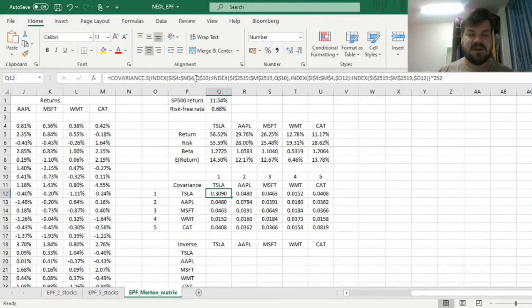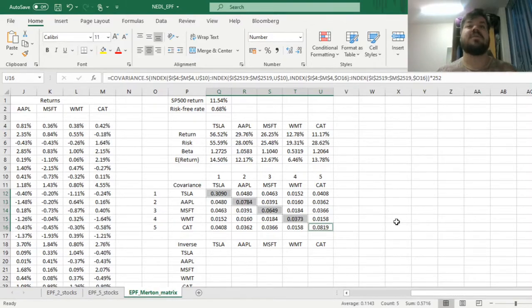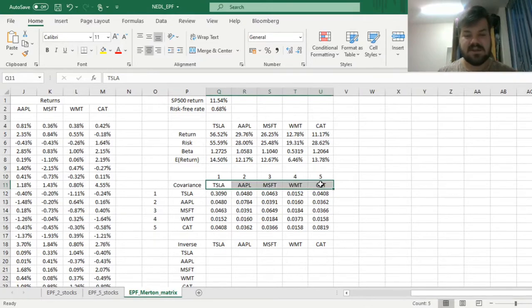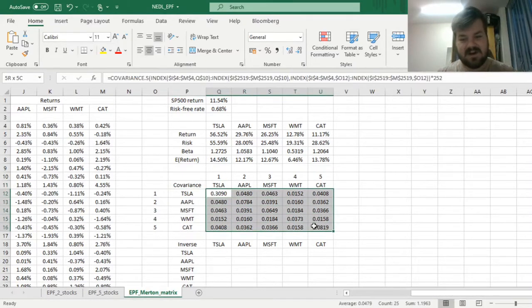The covariance matrix inputs the annualized covariance of every single stock with every other stock, and therefore on the diagonal we have variances, because by definition the covariance of a random variable with itself is just this random variable's variance. We also have pairwise covariances of every single stock among these 5 with every other single stock. And we need this covariance matrix. The covariance matrix is the centerpiece of Merton's matrix optimization framework.